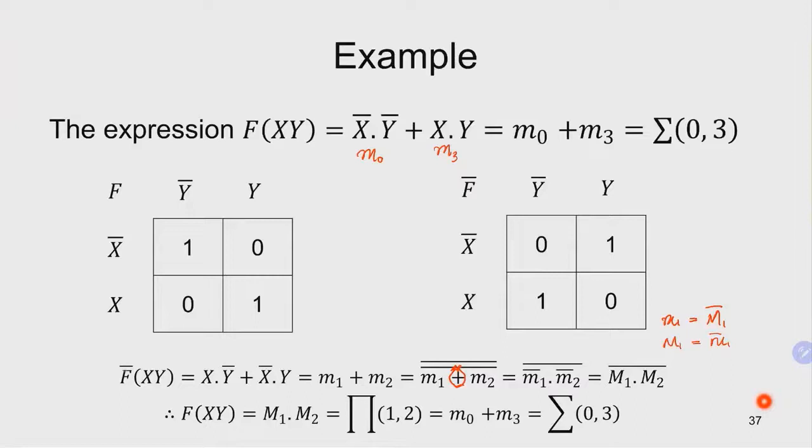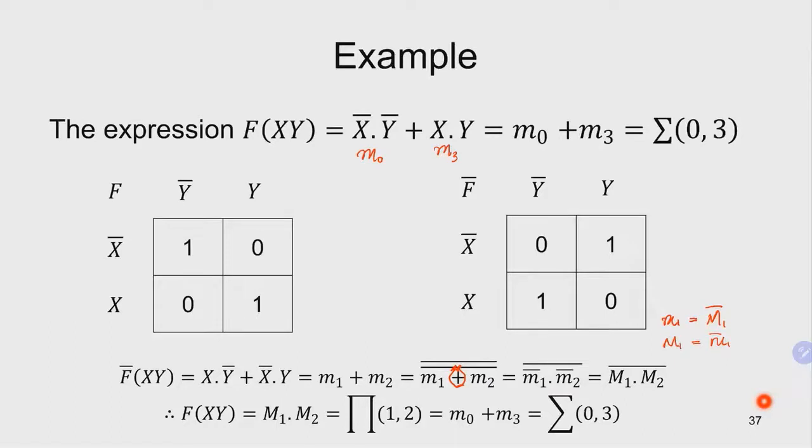So if we remove the inverse, it means that the function f equals the max term 1 and with the max term 2. And this is how we write products, with the pi sign, so it's a product of the max terms 1 and 2. And that equals the minterms m0 and m3.